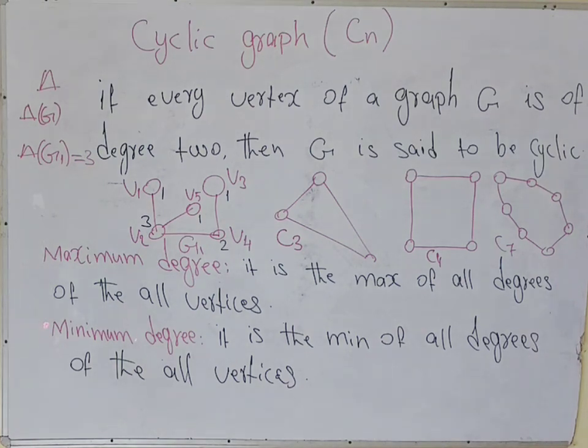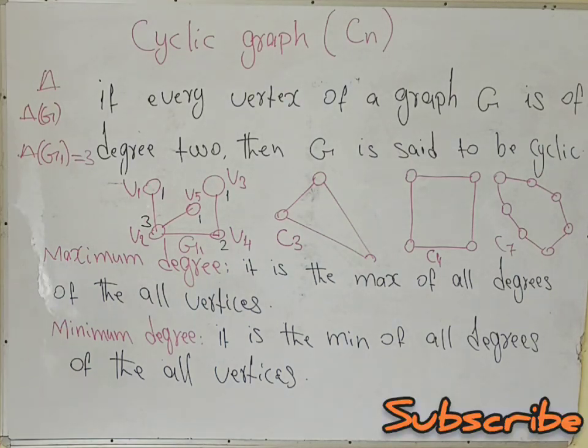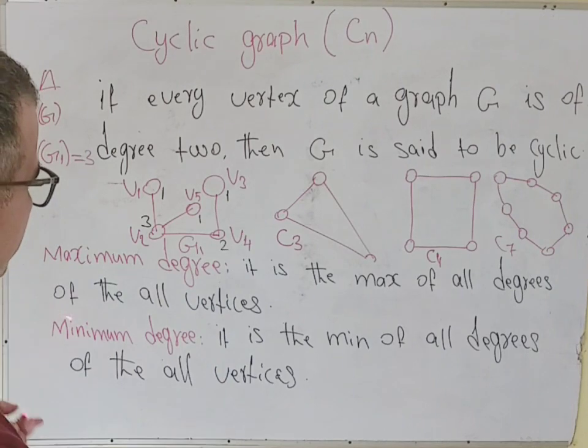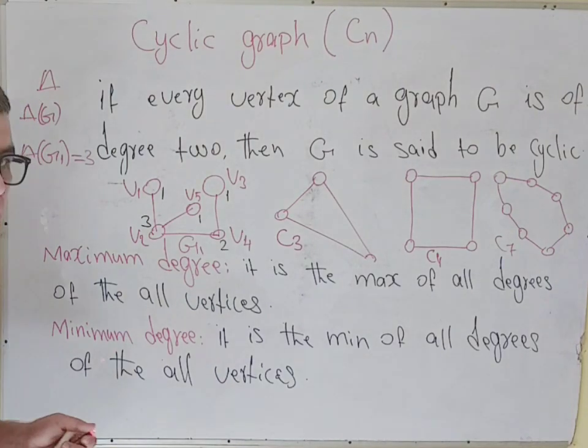In this graph, which vertex has the minimum or smallest degree? As we know, v1, v5 and v3 have the minimum degree.